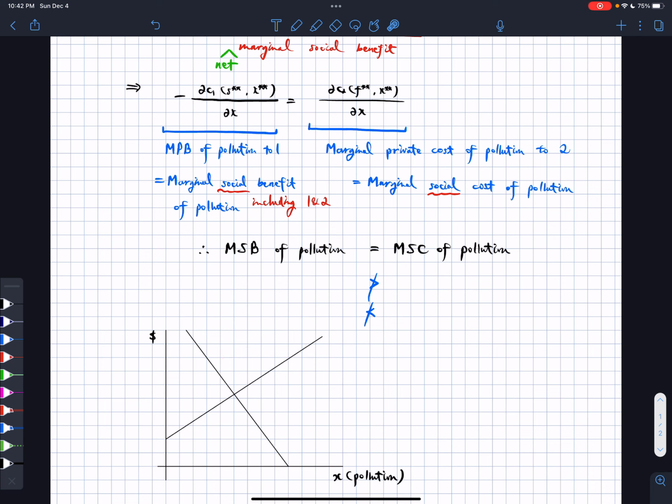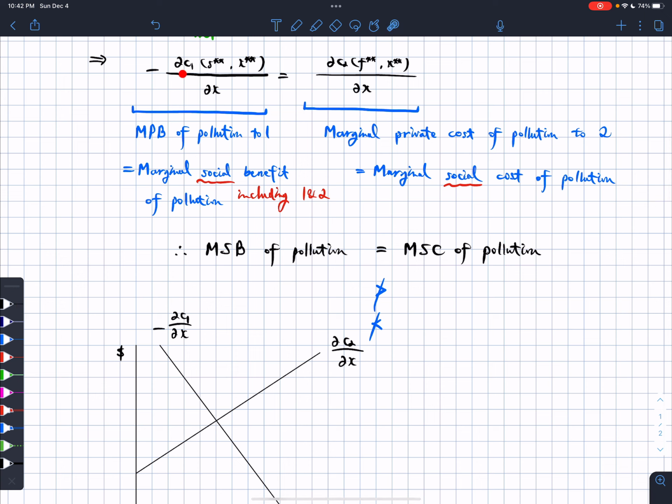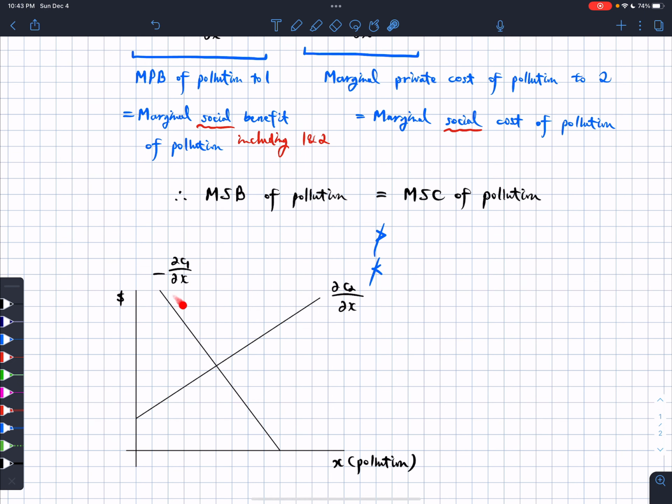We saw that at a solution, this minus partial C1 with respect to X should be equal to this, right? In other words, this graph and this graph should intersect at a solution.